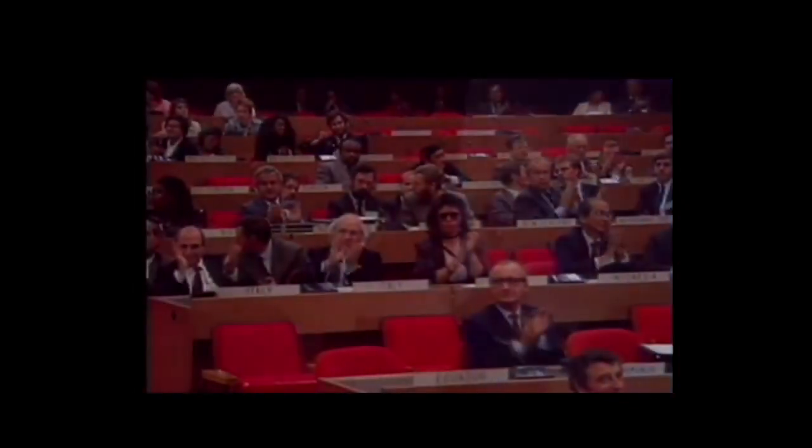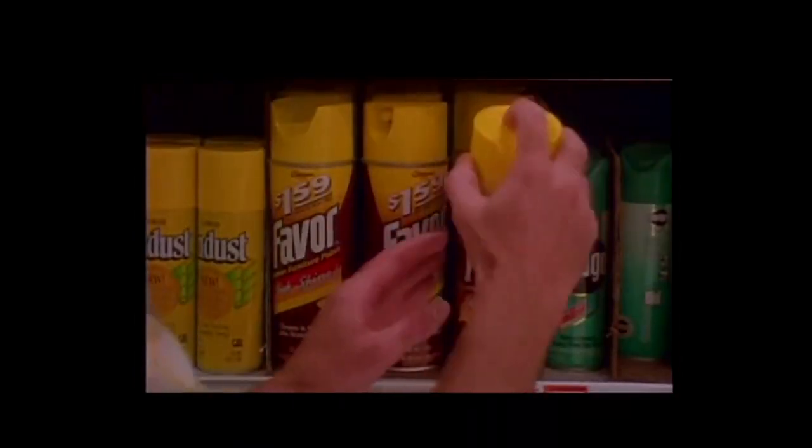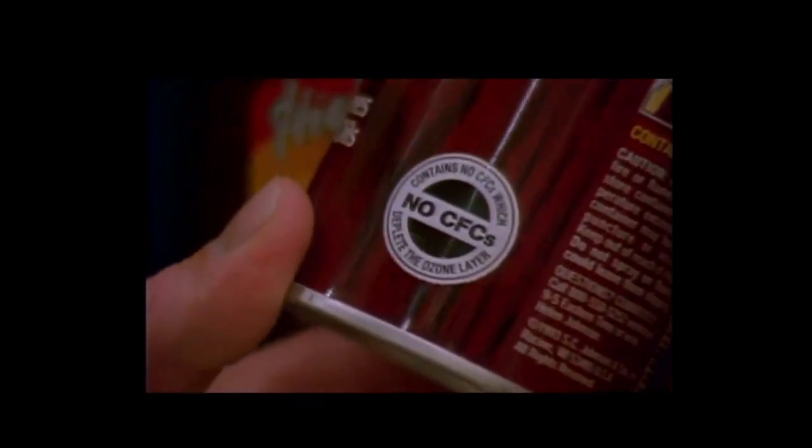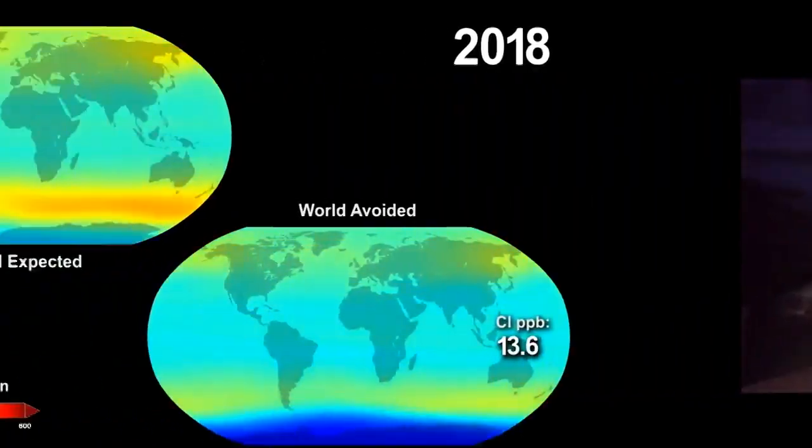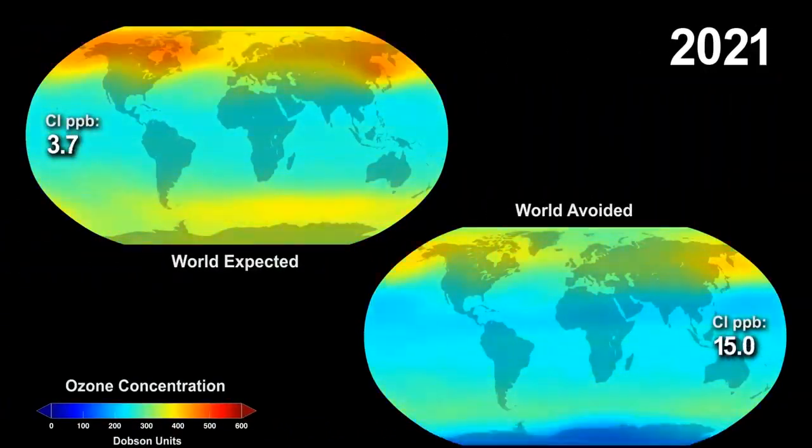Thanks to the combined efforts of the quick-acting science community, industry, and policymakers, the Montreal Protocol was signed in 1987, restricting the production and consumption of CFCs. Every nation on Earth has now signed the Montreal Protocol. So, for the record, your hairspray and aerosol deodorant hasn't been harming ozone since these laws went into effect in the 80s. But why do we still see an ozone hole today?